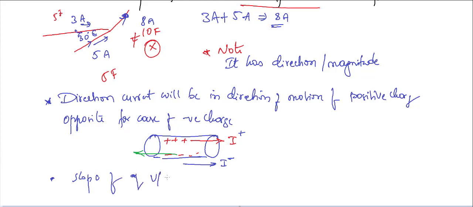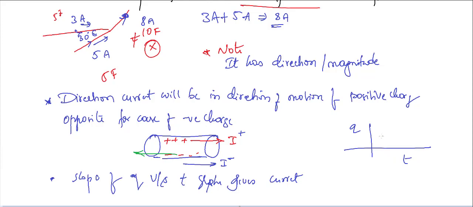Another thing is the slope of the q versus t graph gives the current. In some exams they will ask about the q versus t graph, and the slope will give you the current, that is I is equal to dq by dt, which we have seen earlier.